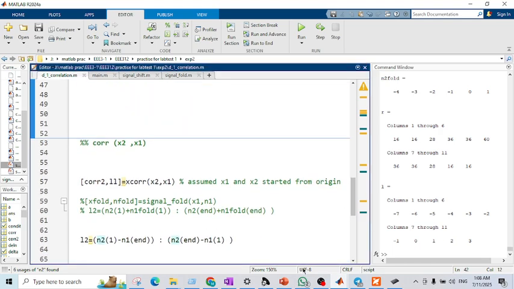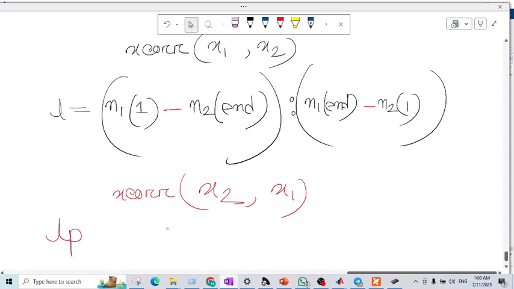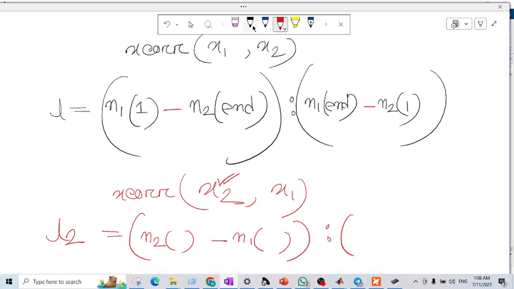Since you have written x2 at the beginning, first you have to write n2, and then n1. Similarly, for the end, first n2's end and then n1's first.